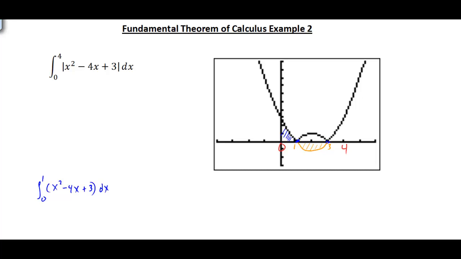But now when we integrate this part from 1 to 3, we have the exact same function, x squared minus 4x plus 3. But now because this is going below, we know that that's going to give us a negative value for area. So out front, we can put a negative sign here so that we'll make this a positive value. And then from 3 to 4, we can look at calculating this area.